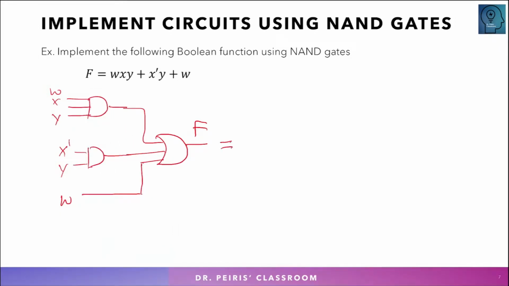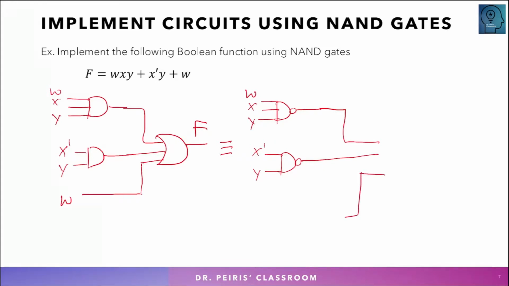Now let's convert that into NAND. Again, we change the AND gates to NAND gates. So this becomes a NAND with input variables W, X, Y. Same thing I do for this second one: change it to a NAND, with inputs X prime, Y. Now I need to place compensating bubbles for the OR gate, and here is the output.